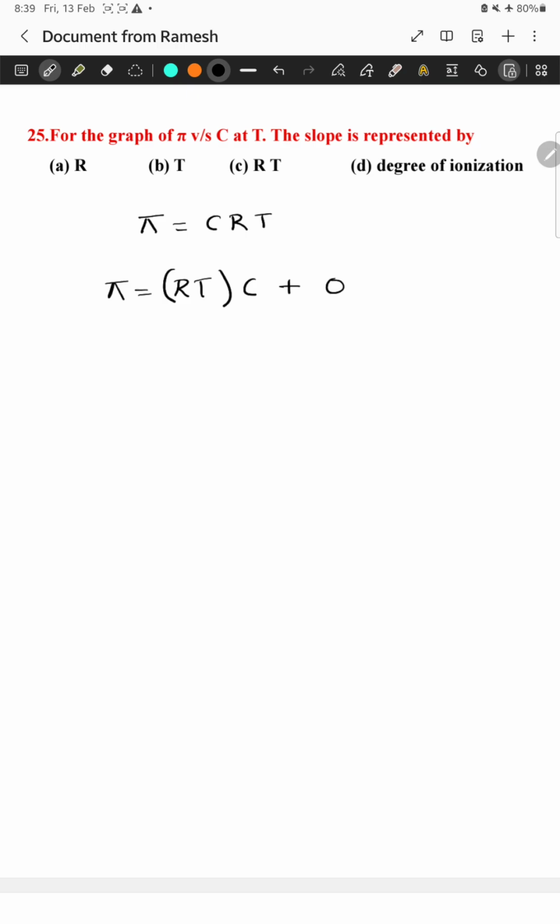If you add 0 to this, the value will not change, correct? Now I am going to compare this equation with the equation for a straight line, y is equal to mx plus c. What is this m called? M is called the slope of the graph. This c is called the y-intercept.